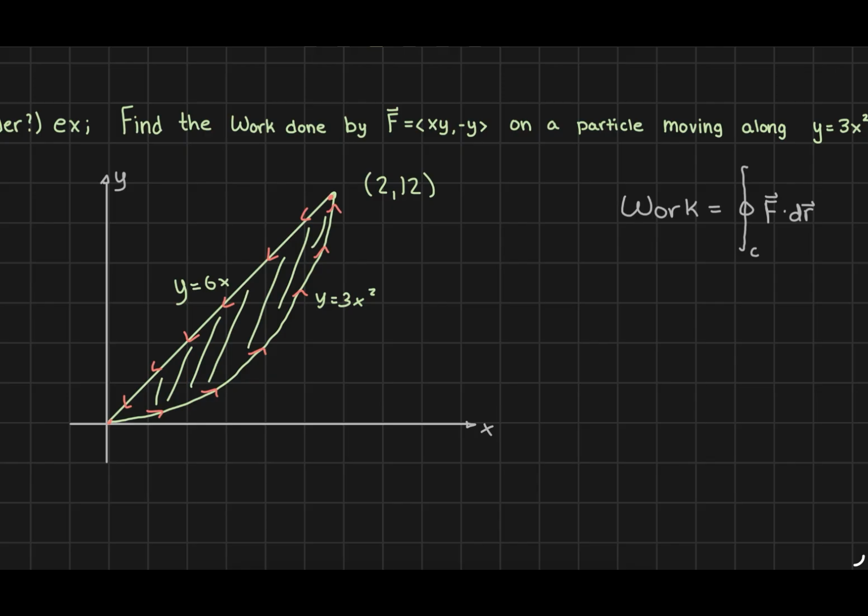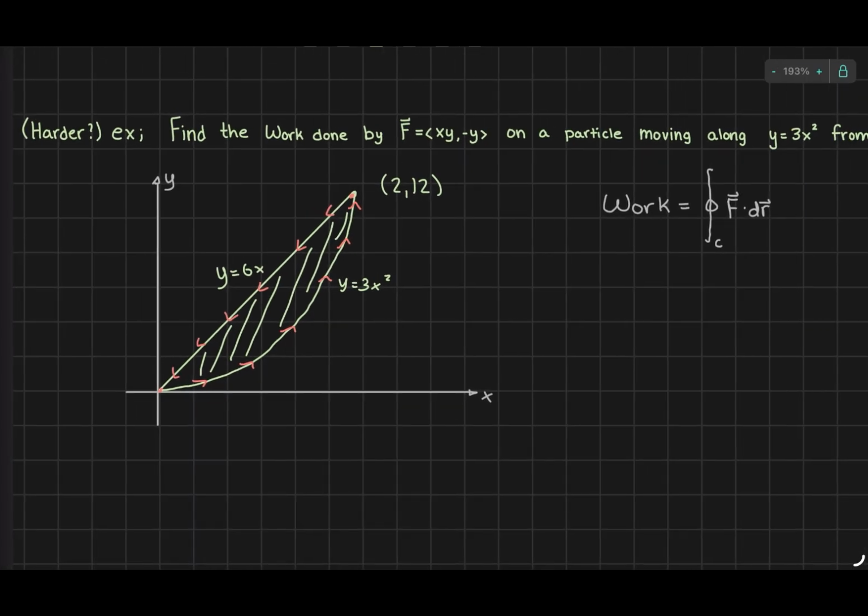That's one line. And then we're going to have another path, y is equal to 6x. So we would have to do two line integrals, therefore two parameterizations, with thus two different integrands, two different differentials, and two different integrals.